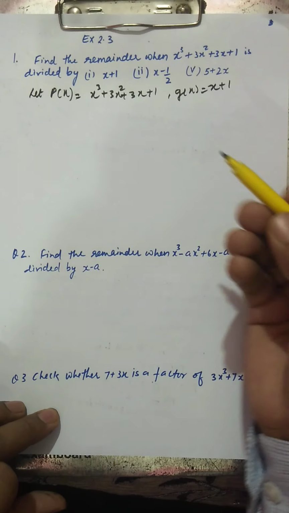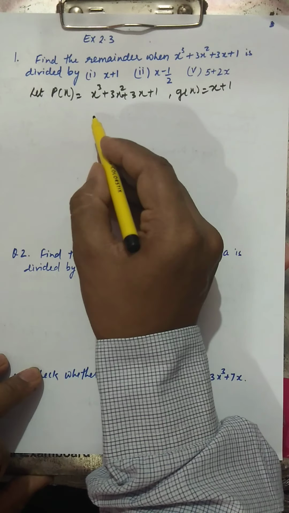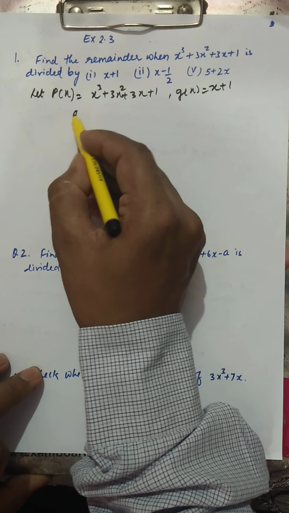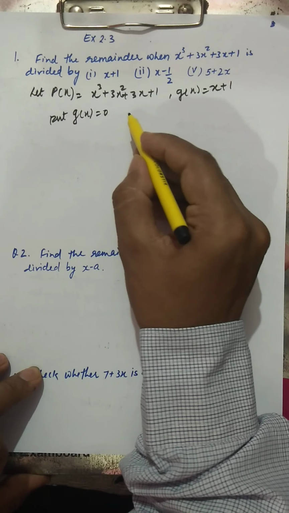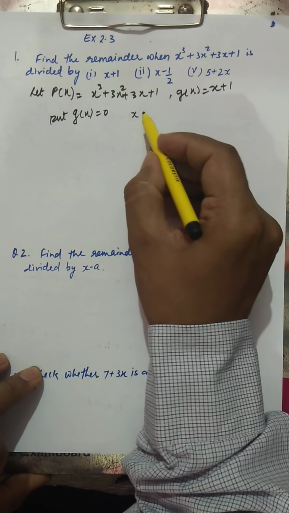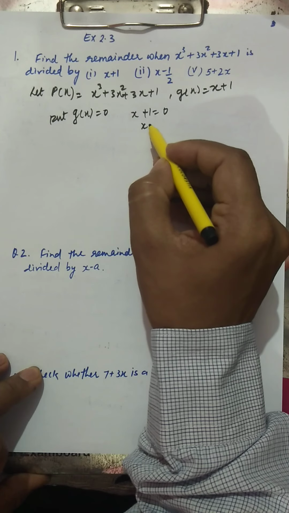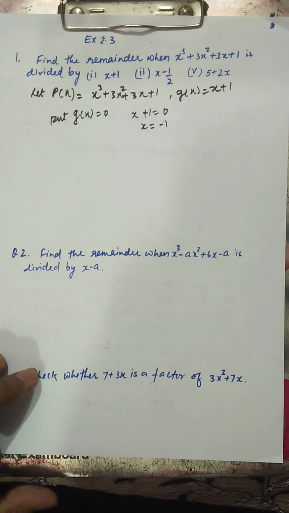See the procedure how I am following this. Put g(x) equal to 0, so you get x plus 1 equal to 0, and x equal to minus 1.